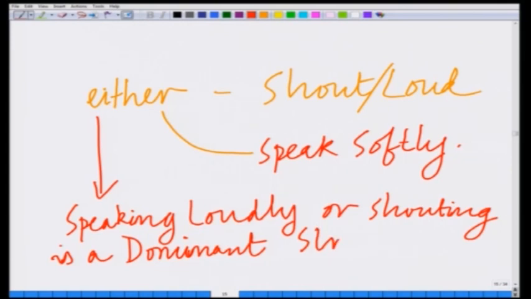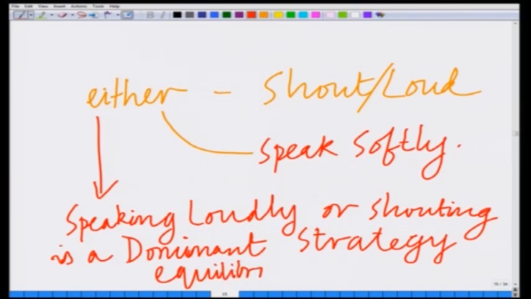Speaking loudly or shouting is a dominant strategy equilibrium.